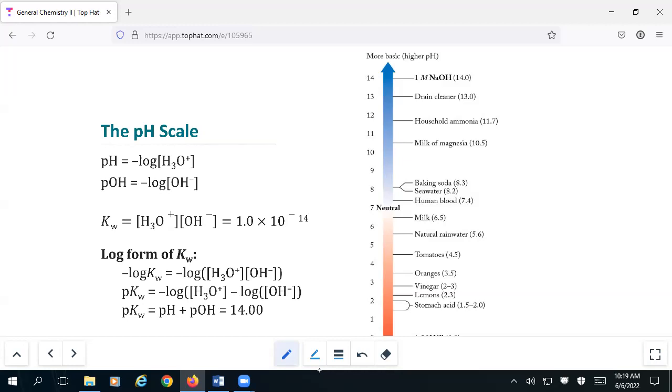So again, just kind of a summarization here. pH is the negative log of hydronium. pOH is the negative log of hydroxide. If I multiply the two concentrations together, I get Kw.